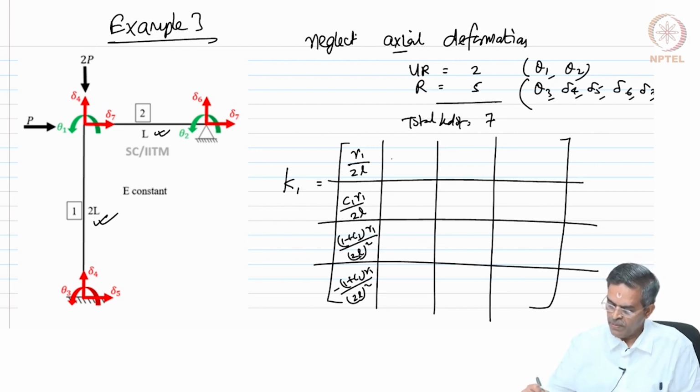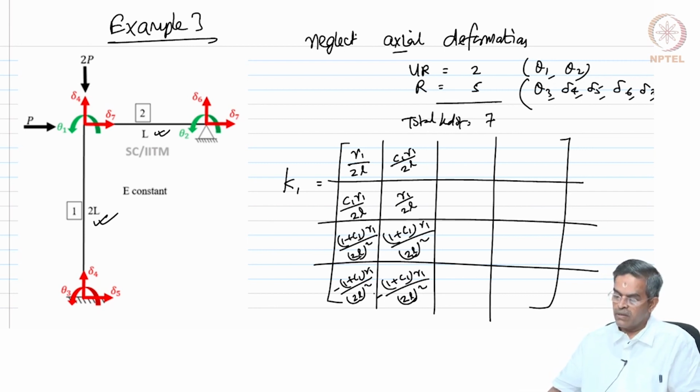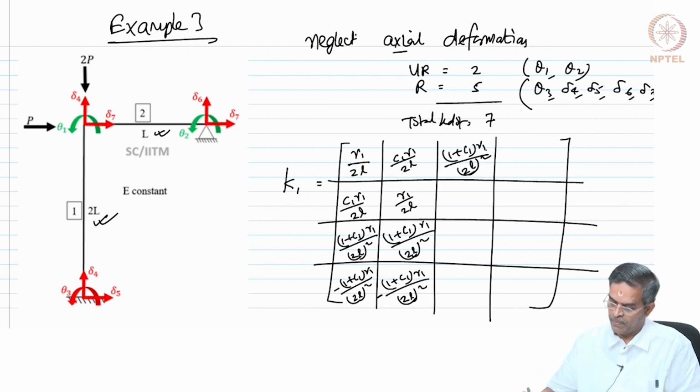The second column will be C1 R1 by L, R1 by L, 1 plus C1 R1 by 2L the whole square, minus of 1 plus C1 R1 by 2L the whole square with a negative sign. The third column will be 1 plus C1 R1 by 2L the whole square.